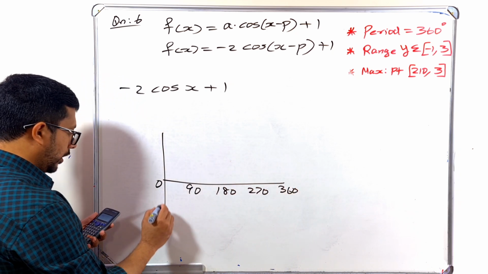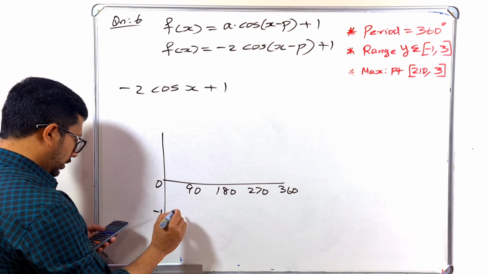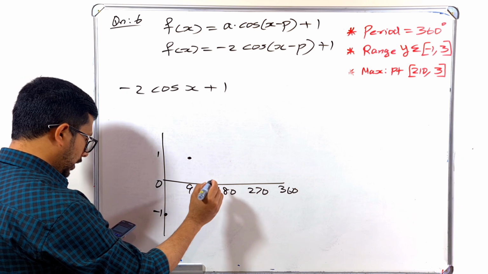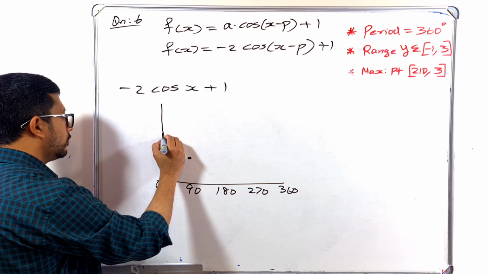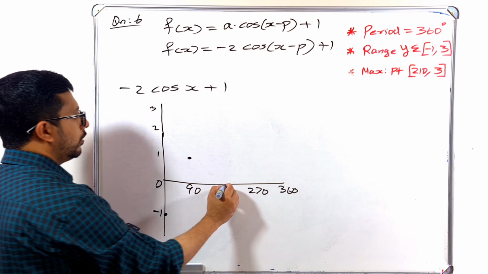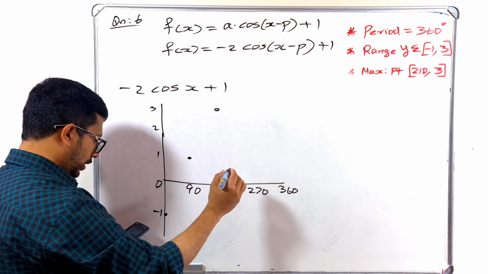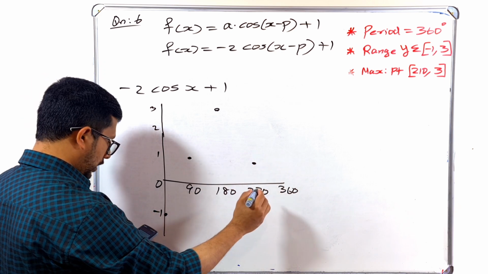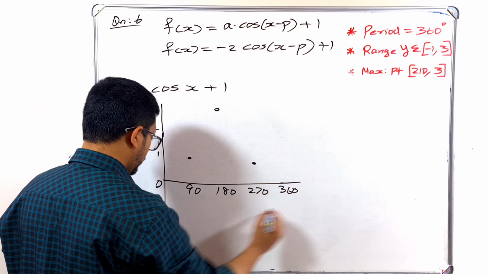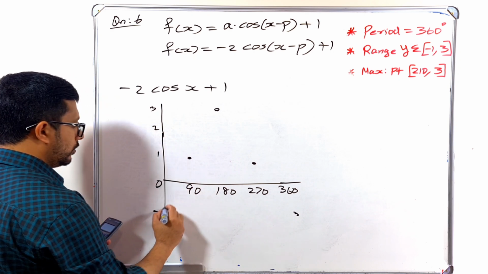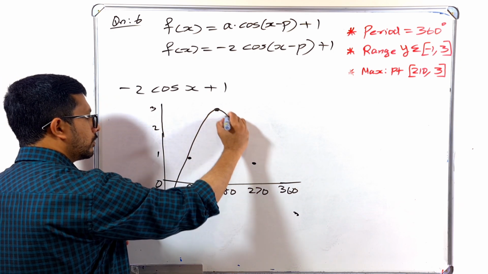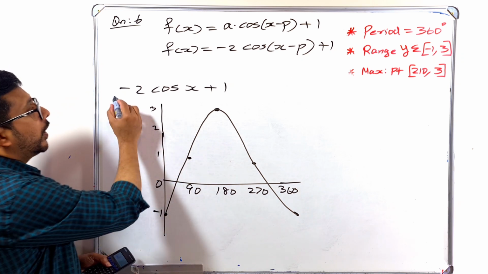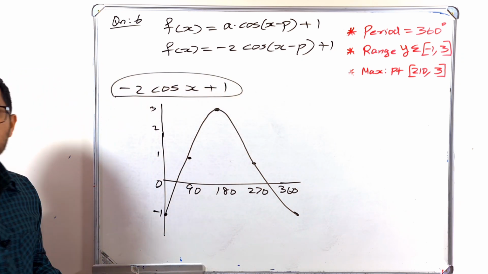For 0 it is minus 1, then 90 it is 1, 180 it is 3, then 270 it is 1, then 360 it is minus 1. So the graph is like this. Okay, so this is the graph of minus 2 cos x plus 1.